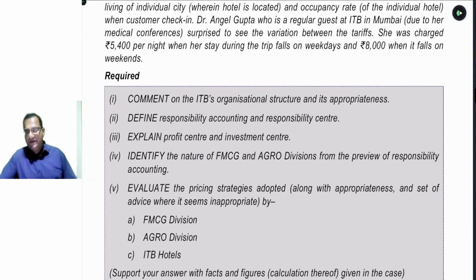Although responsibility center is a part of responsibility accounting, but before that, okay, Seema Suresh, agro department is a profit center, okay, and FMCG department is a revenue center, okay.